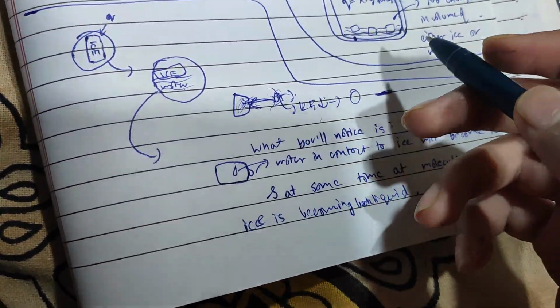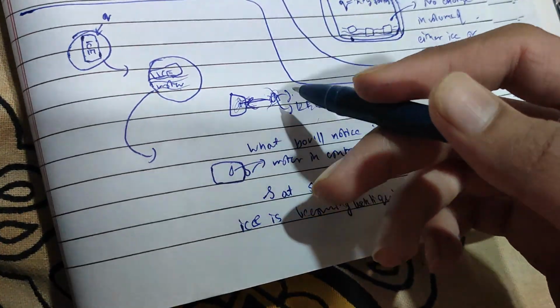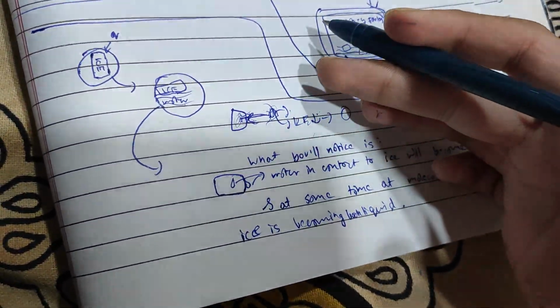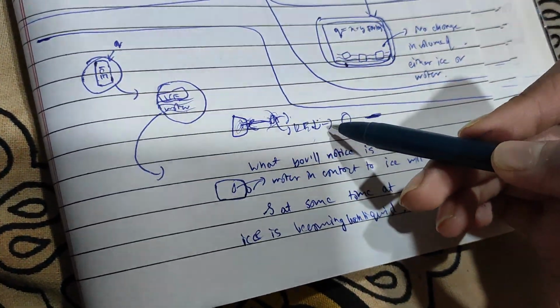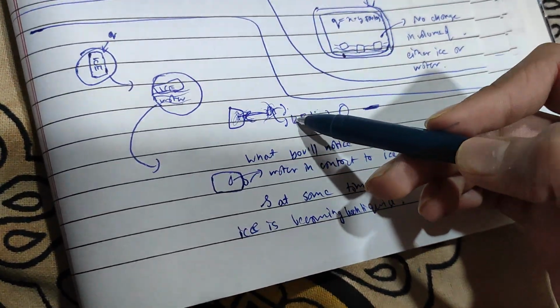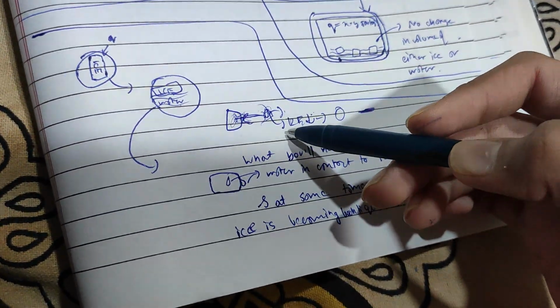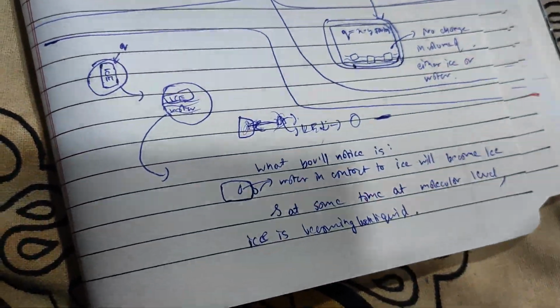Okay, so the bond energy of hydrogen bonds will dominate over the kinetic energy of the water, which has now turned low, and now it will freeze again to ice because there's not enough energy to break the bonds for this water. It has lost its energy.